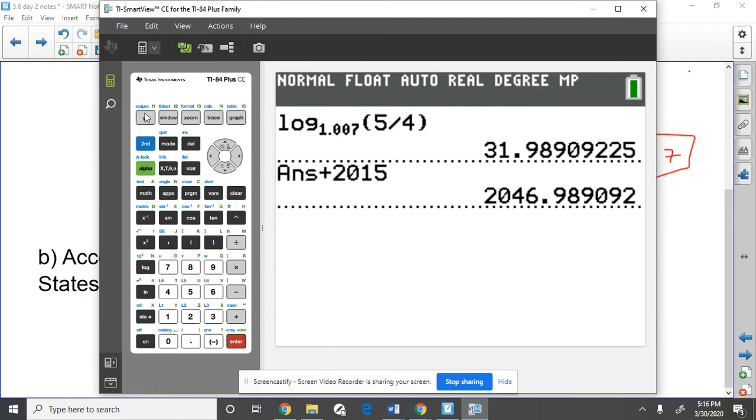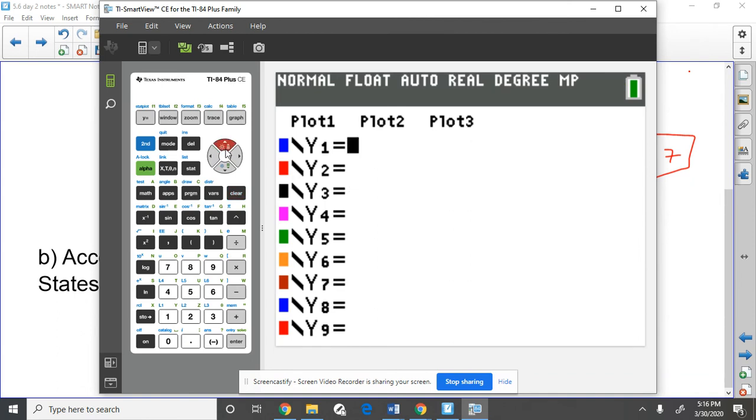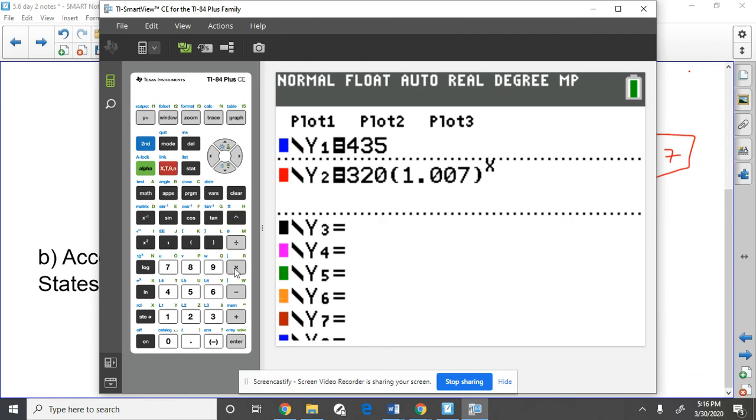So I'm going to go to y equals, clear out all this other stuff. I'm going to put 435 into one side. And on the other side, my equation was 320 times 1.007 raised to the x minus 2015.